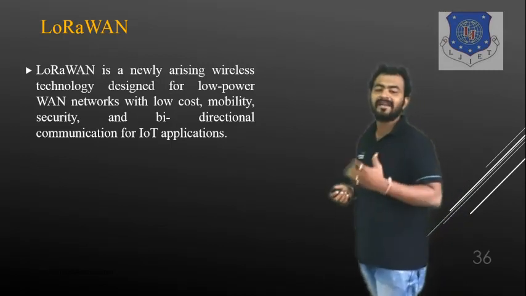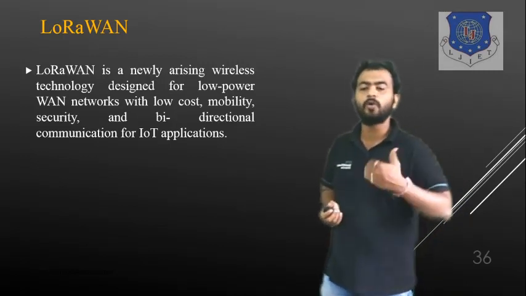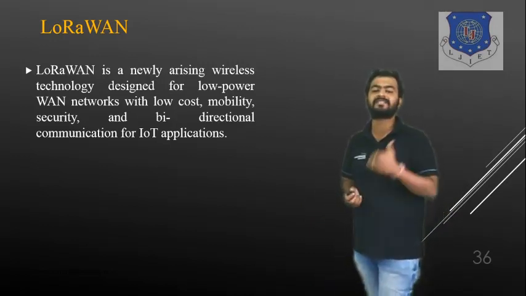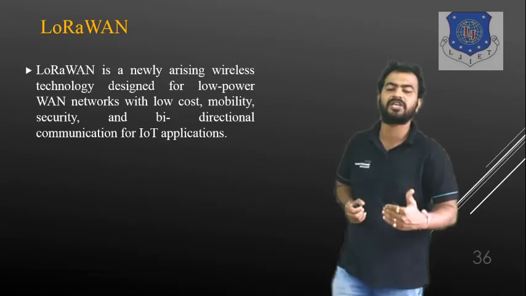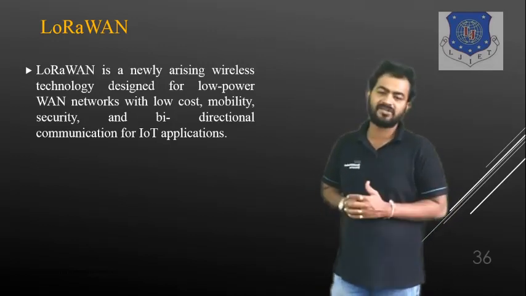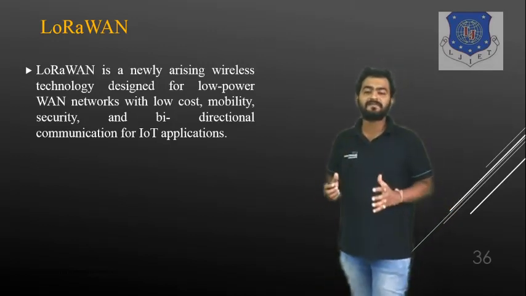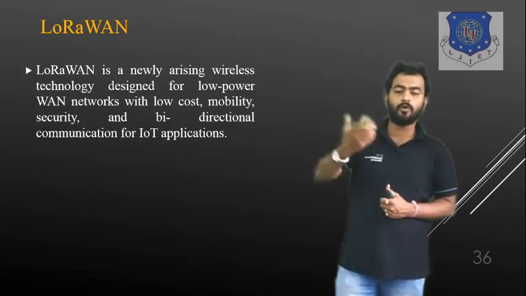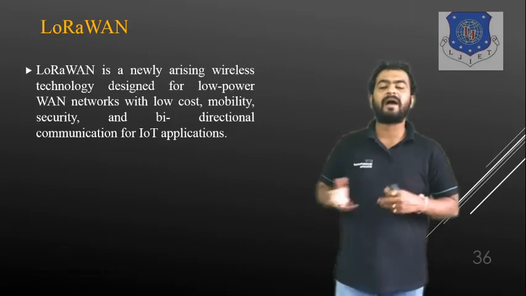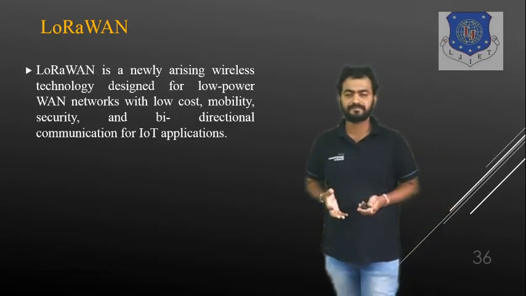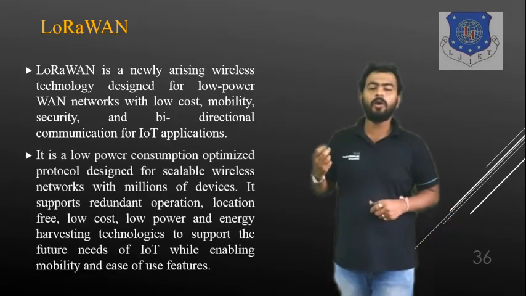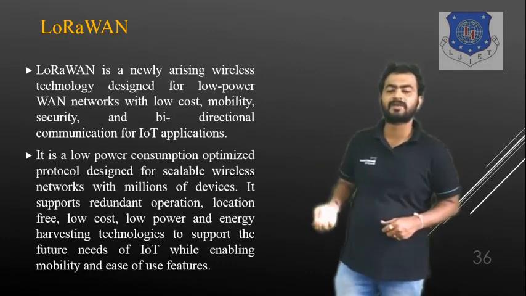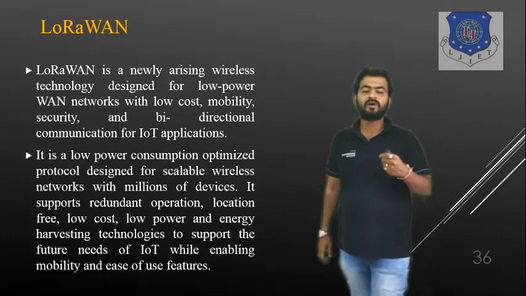LoRaWAN is a newly arisen wireless technology designed for low-power wireless access networks with low cost, mobility, security, and bidirectional communication for IoT applications. This is one of the best features of LoRaWAN: it can communicate over long range with low power and also provides bidirectional communication. It is a low-power-consumption optimized protocol, designed for scalable wireless networks with millions of devices.